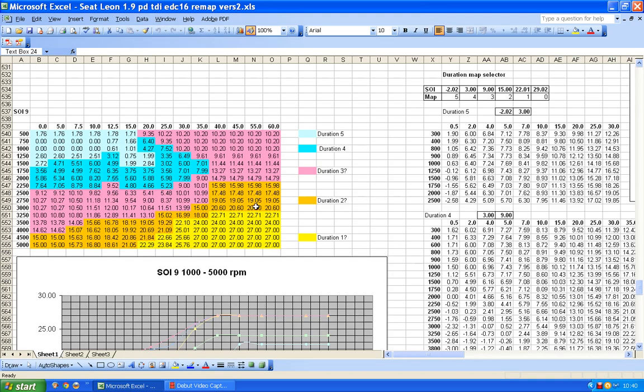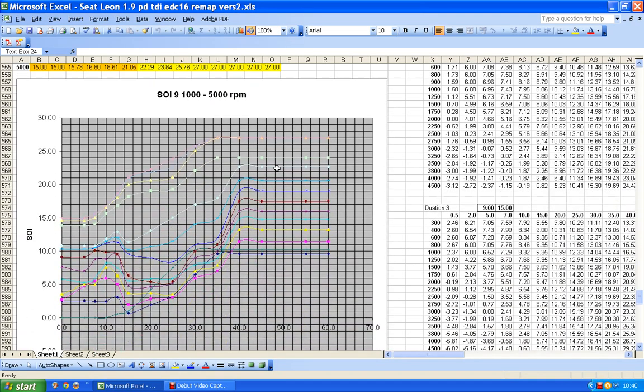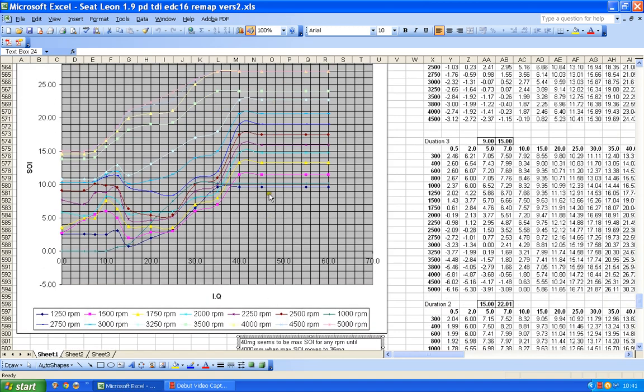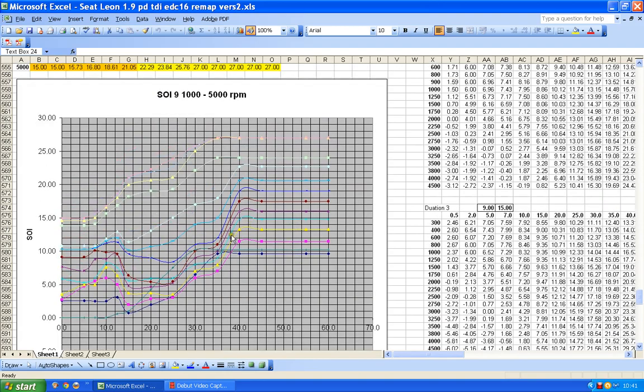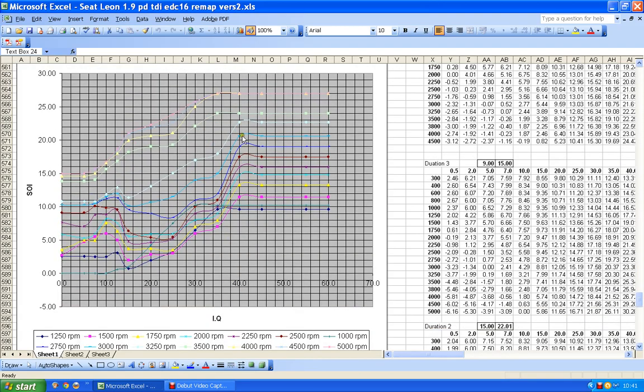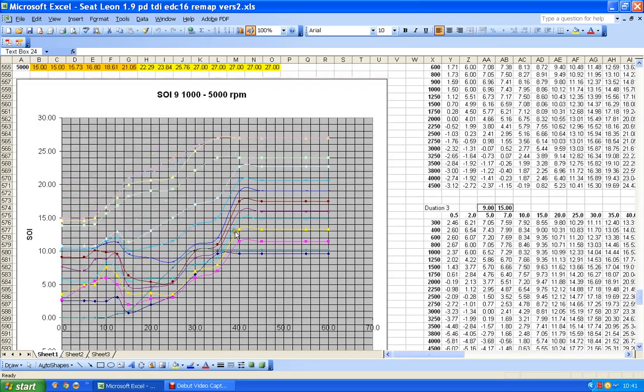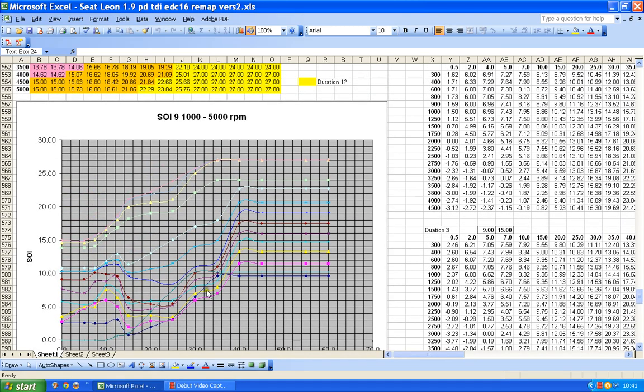If we look at that as a graph, which I've done here, you can see that for each injection quantity and revs per minute, as the injection quantity gets somewhere in the region of 40 milligrams, they all start to plateau out. They plateau out at different places because of the varying durations.